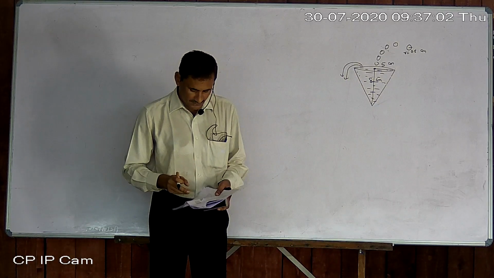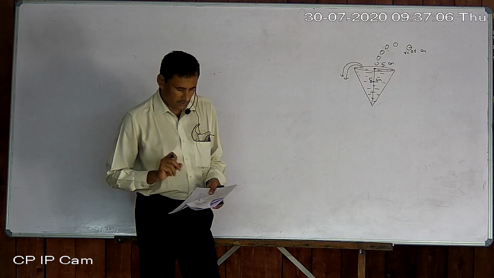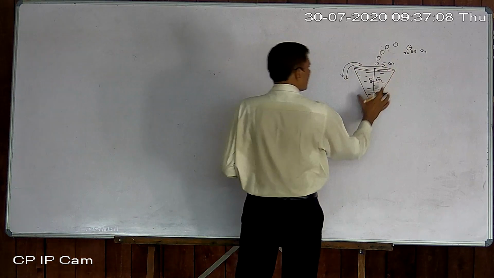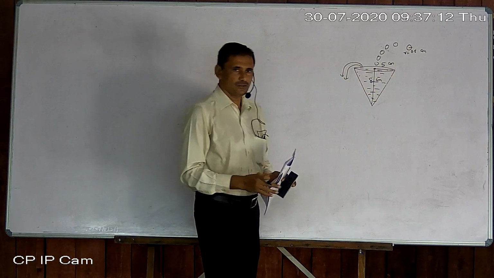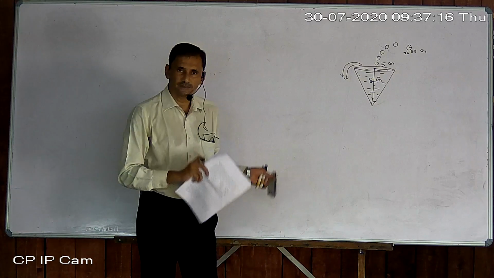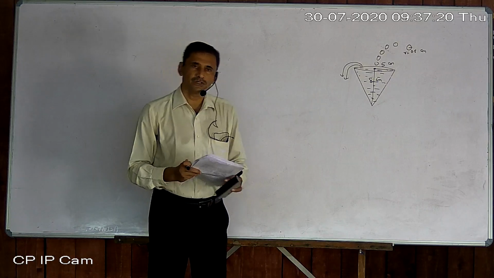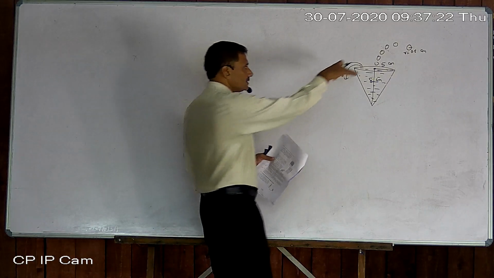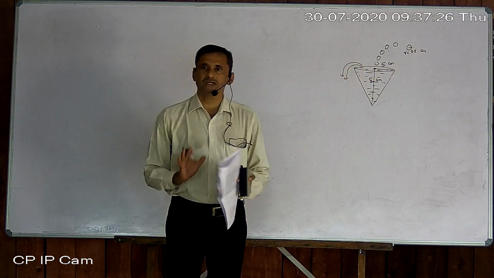How much water comes out? 1/4 of the total volume of the cone. Not only does it empty, but 1/4 of the water flows out, and the remaining 3/4 remains in this cone only. So I hope you understand the matter.